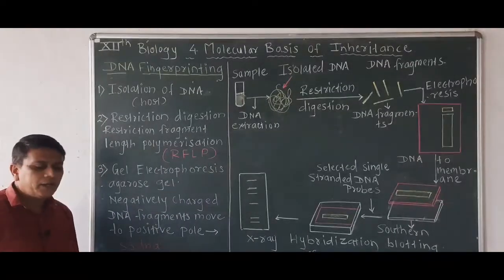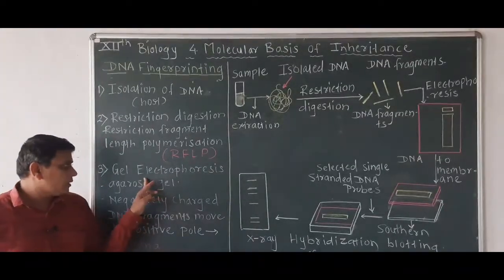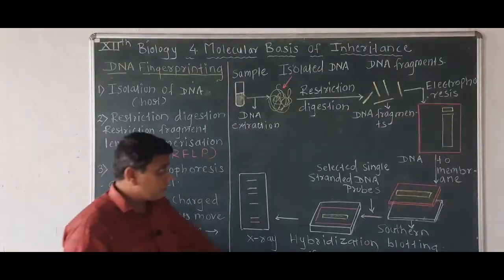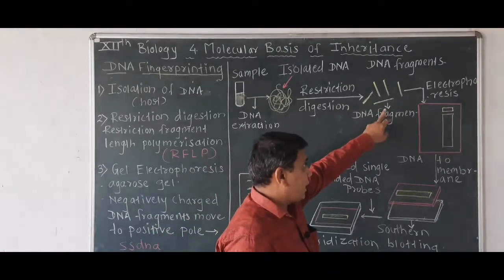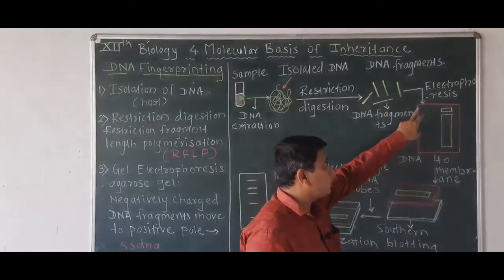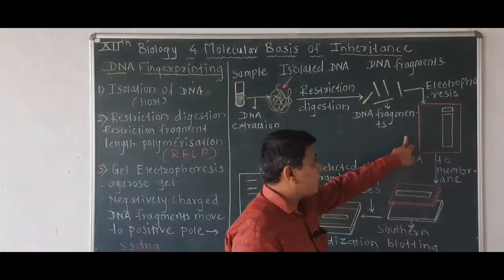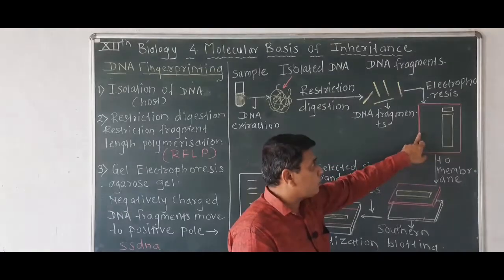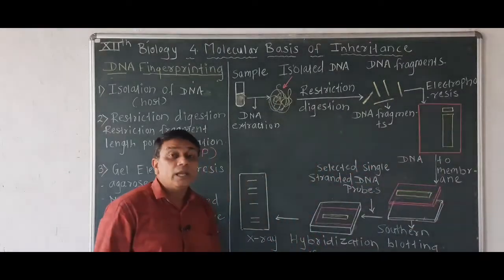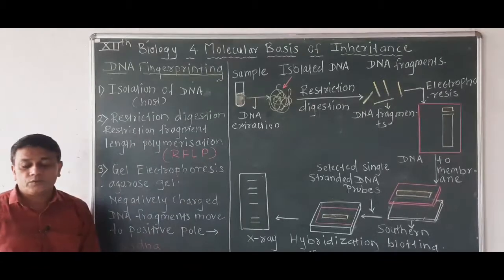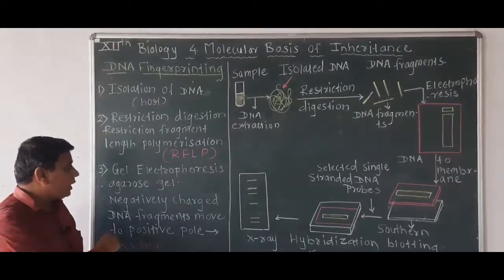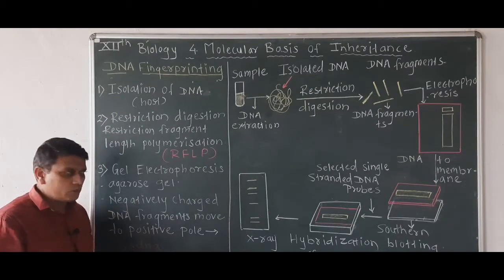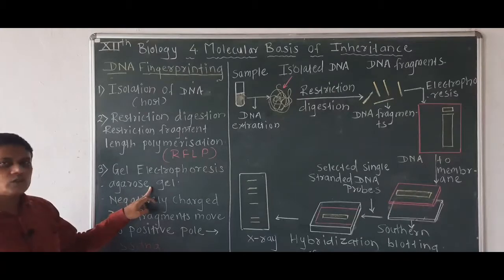Then the next step in DNA fingerprinting is gel electrophoresis. The collected fragments of DNA are then subjected to the technique of electrophoresis. Here we can see these DNA fragments are subjected to electrophoresis. In DNA fingerprinting, the gel electrophoresis technique is used, and the gel used is agarose gel.